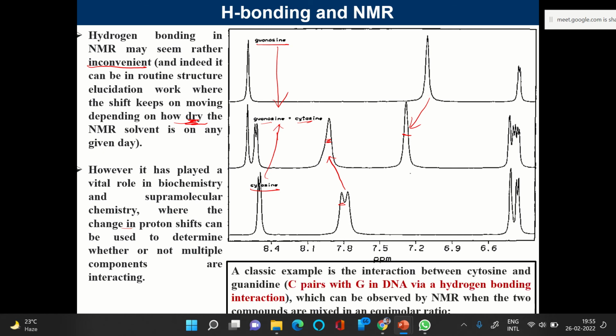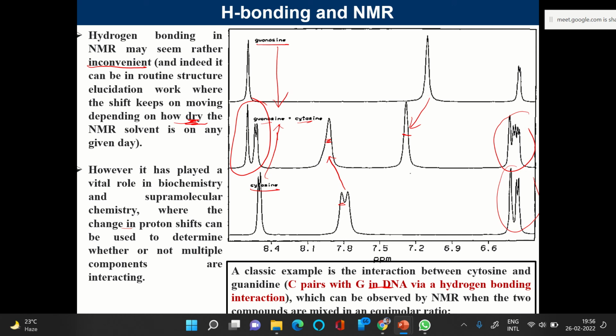So the components that are interacting: C pairs with G. This is what we know, and it is through the hydrogen bonding interaction that is seen. When you mix them together, you see a clear shift. You see this part is unchanged, this is unchanged. You add the two together and you get this on the left and right. In the mixture, the left end and the right end remain unaffected.